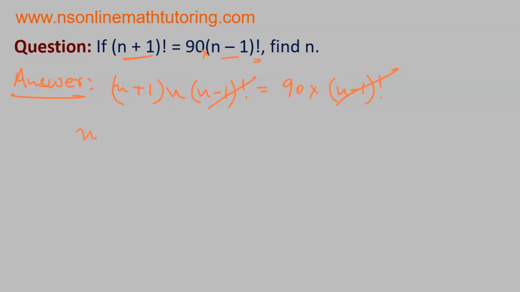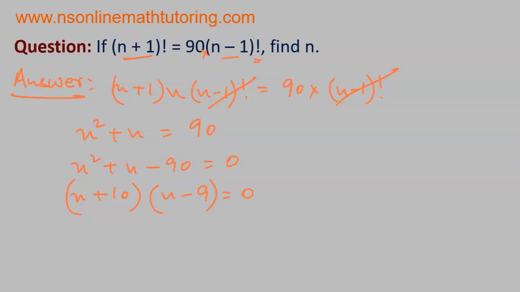You see, n squared plus n is equal to 90, or n squared plus n minus 90 is equal to 0, which is, by Middleton splitting method, we can do the factorization, and it will be n plus 10 and n minus 9. I am not going into the details of Middleton splitting method.